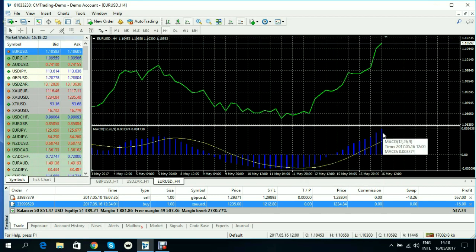We set the fast, the slow, and then the signal. The number 9 is the signal, the one that is used to calculate the moving average of the difference between the faster and the slower moving averages.